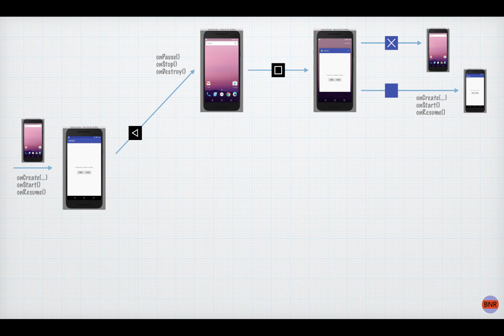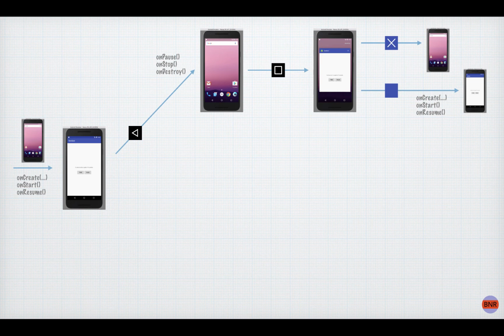From the Recents screen, let's look at what happens if you do one of 2 things. First, if you hit the X on the image of the GeoQuiz application, it will disappear from the Recents screen. When the Recents screen is empty, Android takes you back to the home screen. Notice that when this happens, no callback methods are invoked.